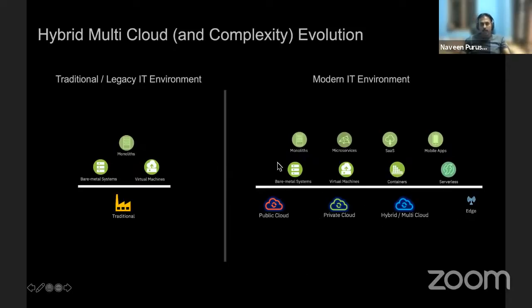Now, if you look at the form factor, the very next layer on top, on cloud also, we continue to see certain workloads demanding bare metal systems, sometimes bare metal systems with specialized CPUs, especially for things like big data and analytics workloads, and of course, virtual machines.